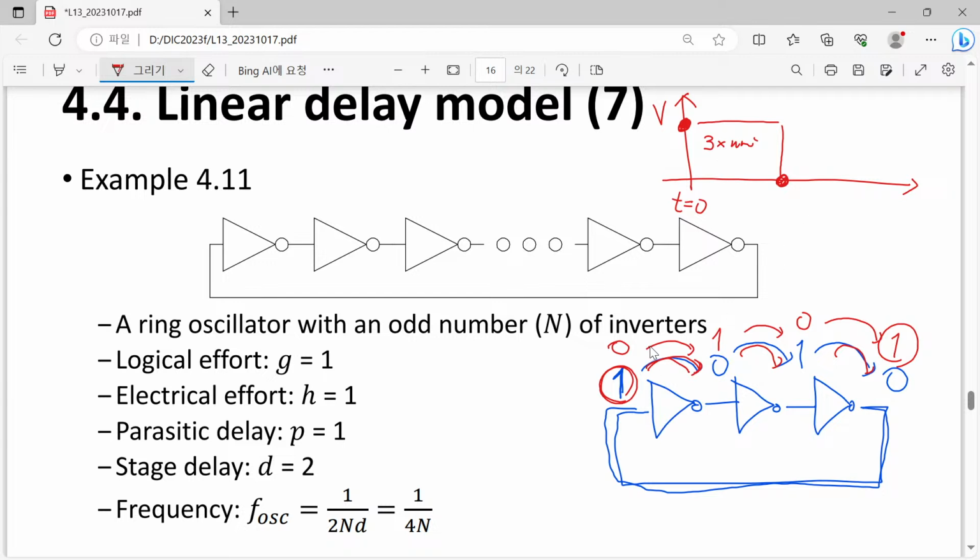After that, also 3 times of unit transition will be required to once again go up to logical value 1. So 3 times unit transition. Then how long does it take from here to there? This unit transition is nothing but our d equal to 2.